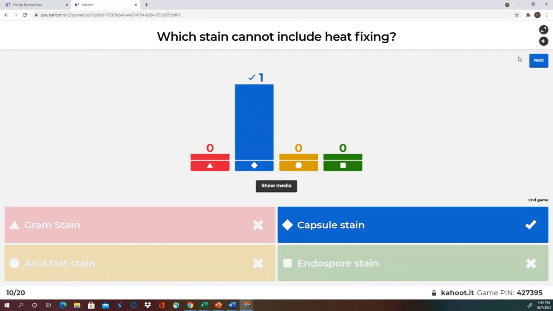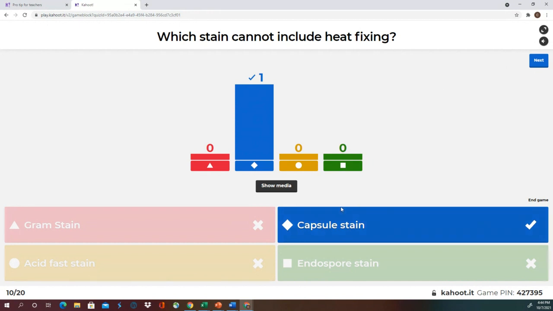So heat fixing can actually get rid of the capsules and give you a false negative for some species, and for others the heat just warps the organism and messes with the stain, and so you can actually get artificial halos when you really shouldn't, so you can get a false positive that way.